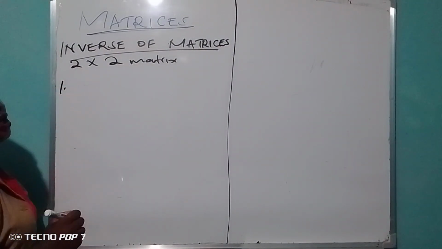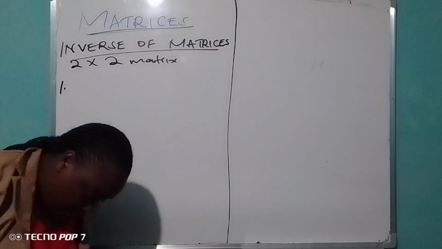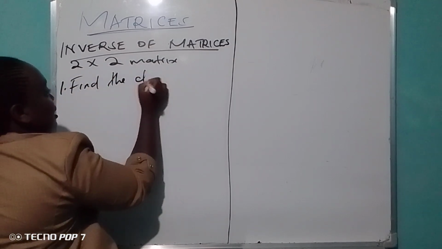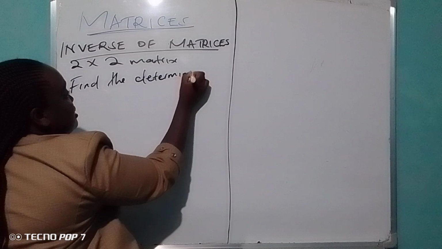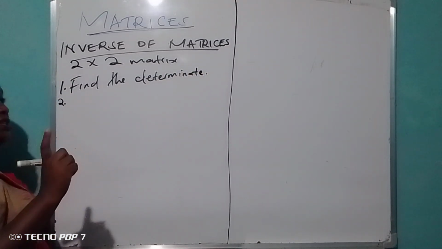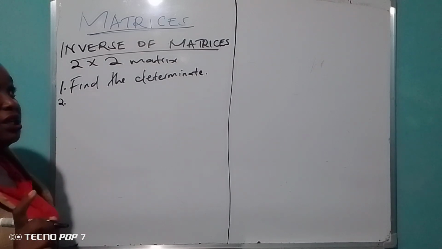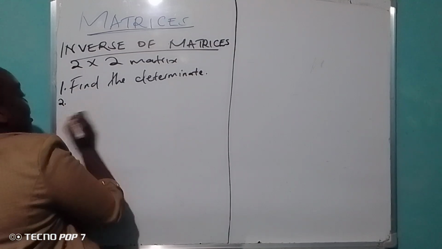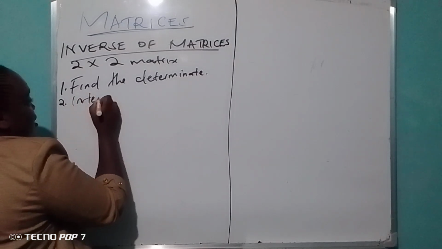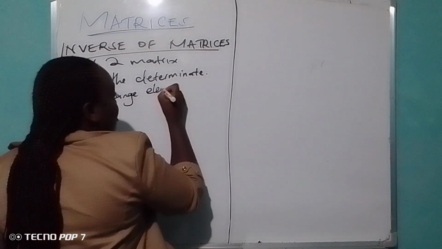The first thing you'll have to do when you are doing an inverse of a matrix is find the determinant. This is the first step. After you have found the determinant, you will interchange elements in the leading diagonal. You know where the leading diagonal is.